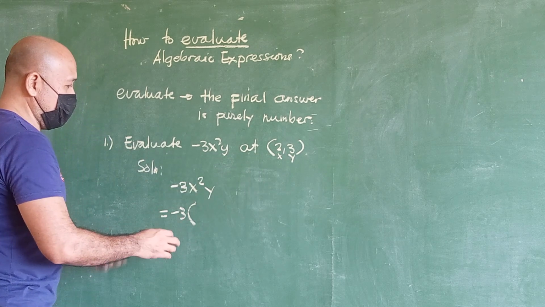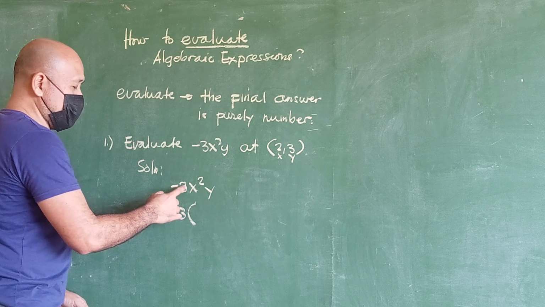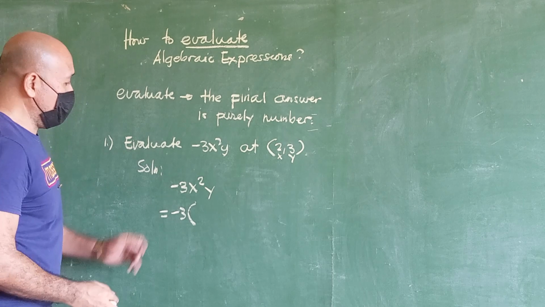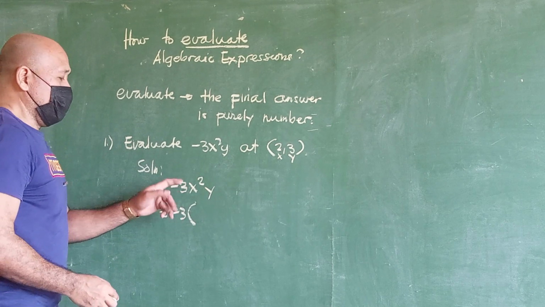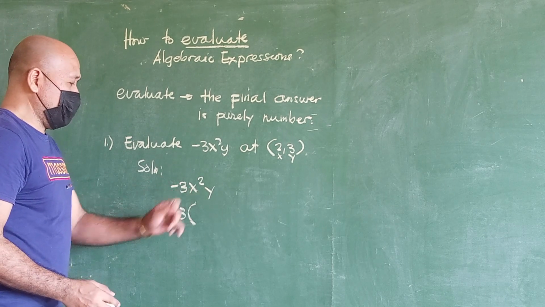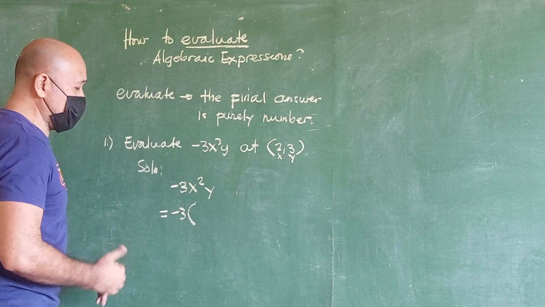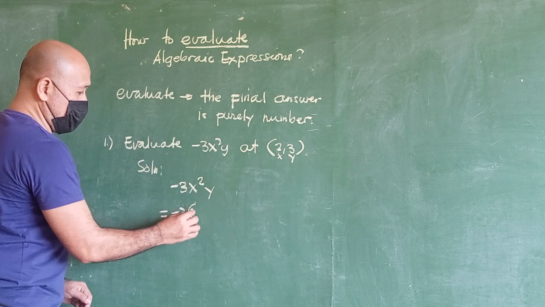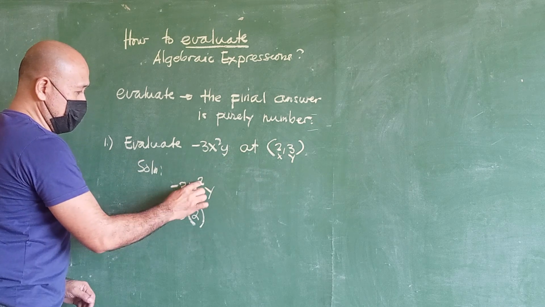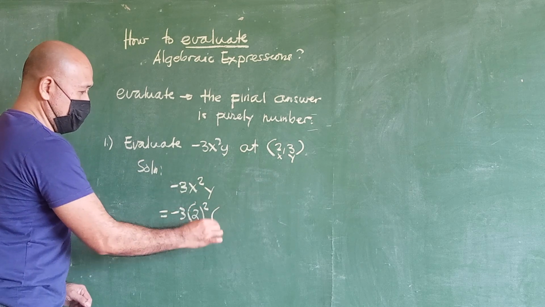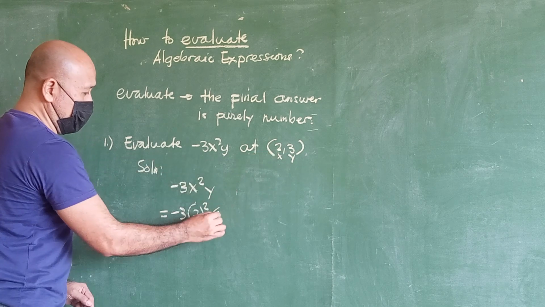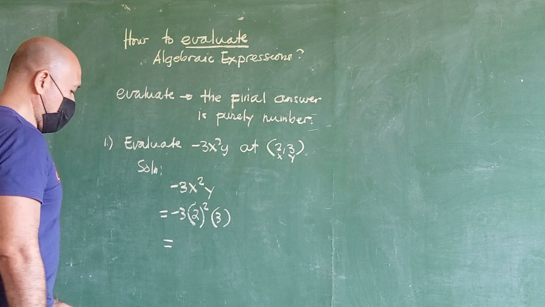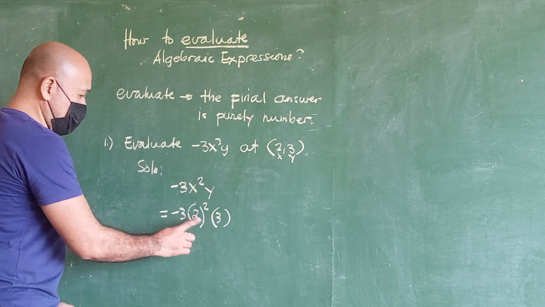Again, I keep on telling this: if there is no operation like subtraction, division, or addition between the coefficient and the literal coefficient, that means the operation is automatically multiplication. So your value of x is 2, raised to a power of 2, times your y, which is 3, and then proceed to the appropriate operation, which is multiplication.